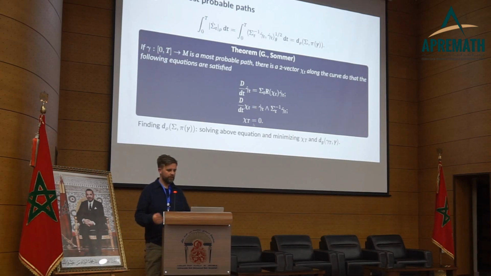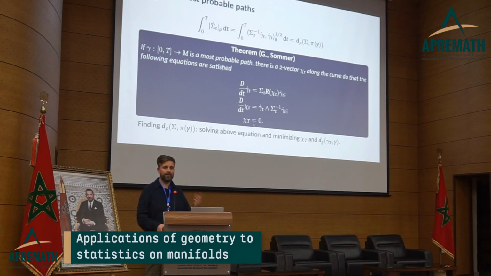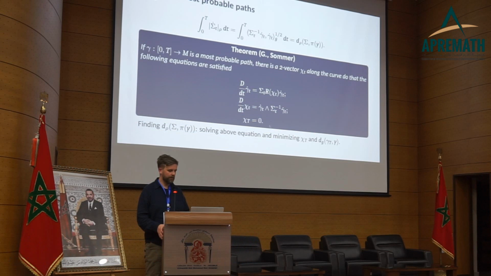And once we have this curve, we can now use a solving algorithm where we try to minimize this chi, taking a different initial condition. When you minimize the chi of t, you know that it will be 0, and the distance of the final point to y with respect to some initial condition.